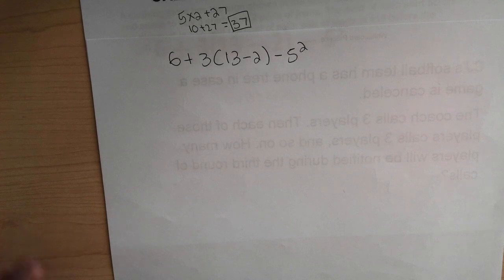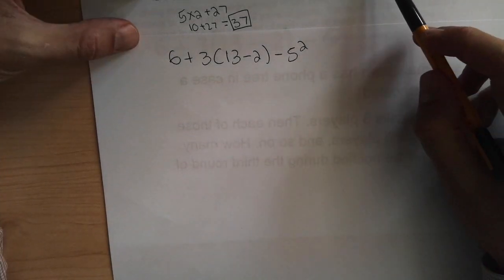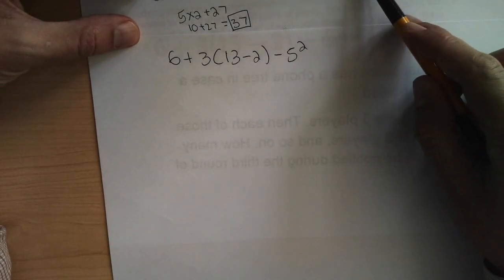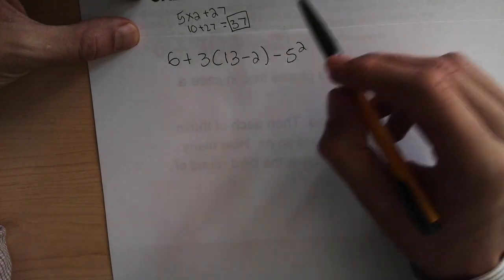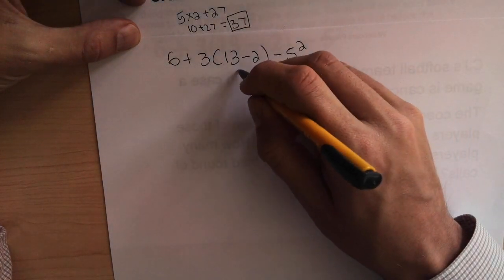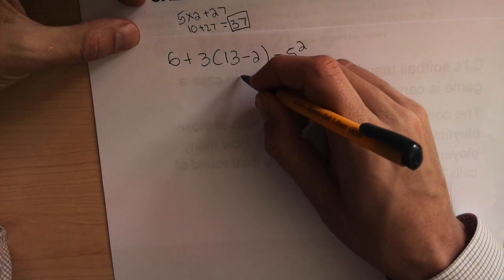Let's look at our next question. Order of operations says that we have to do parentheses, exponent, multiplication, division, addition, subtraction. So we want to start with parentheses. 13 minus 2 is 11.